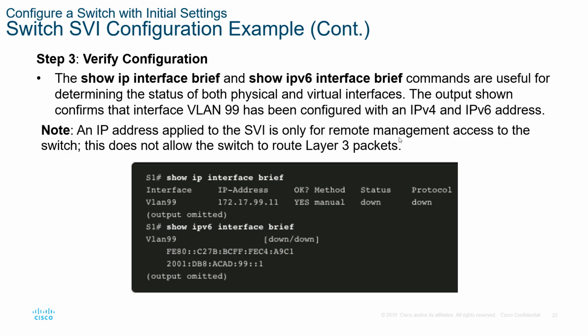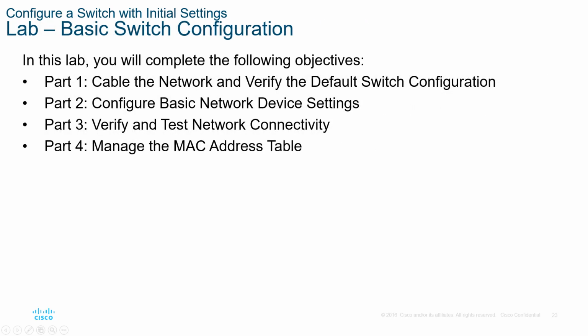Yes, there could be a layer 3 switch, but in most cases it will go to a router. So again, with a basic switch, you should be able to cable up the switch, provide basic functionality for the device, verify and test network connectivity, and manage the MAC address table. And we will actually have a lab that walks us through those 4 parts.